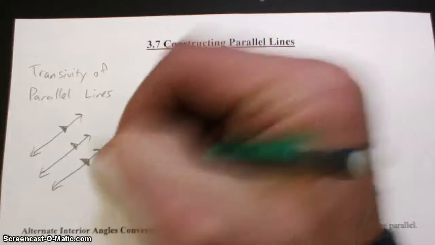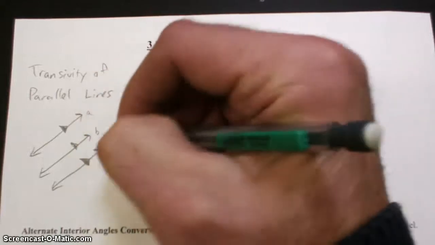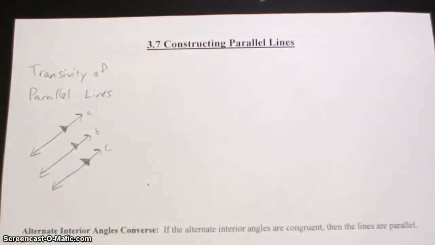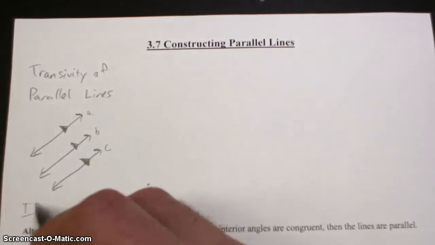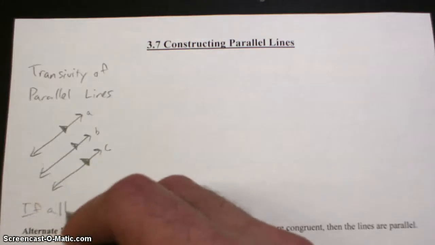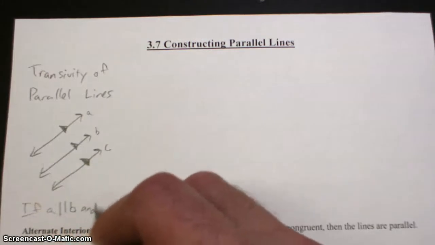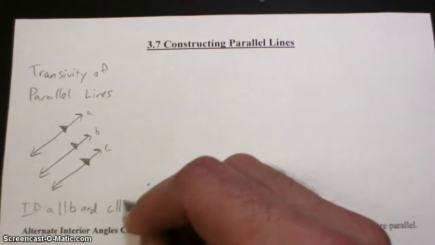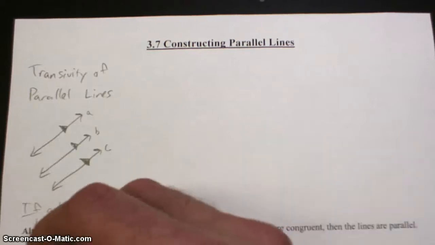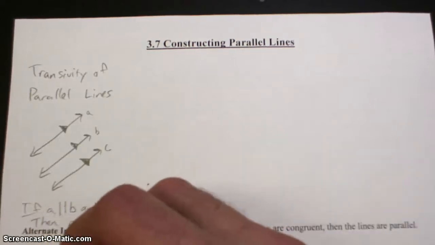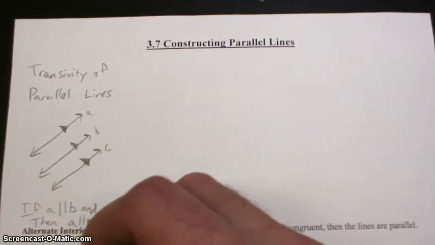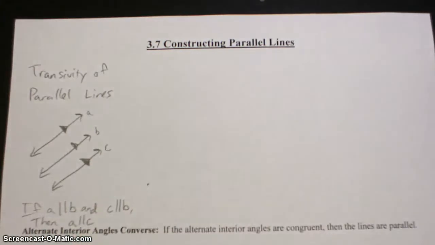If I have three lines, A, B, and C, if A is parallel to B and C is parallel to B, then A will be parallel to C. I can transit through B to say that A and C are parallel.